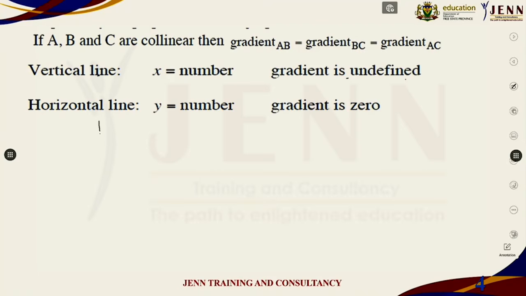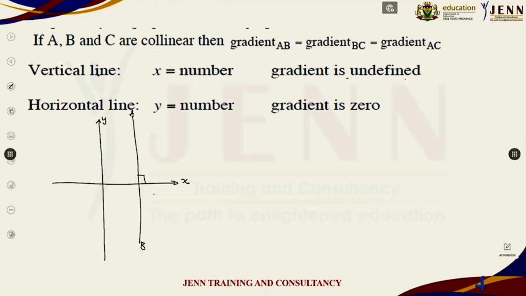Let us do it this way. Here we have the x-axis and the y-axis. Then roughly we have our vertical line, which is AB, and let us say it is perpendicular, it is a vertical line. The x coordinate here, let us say, will be 4.